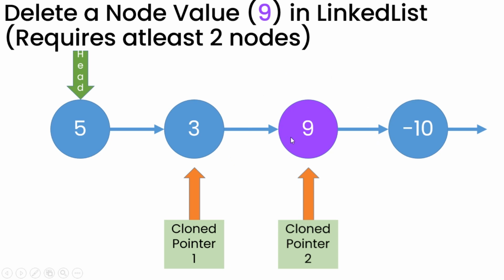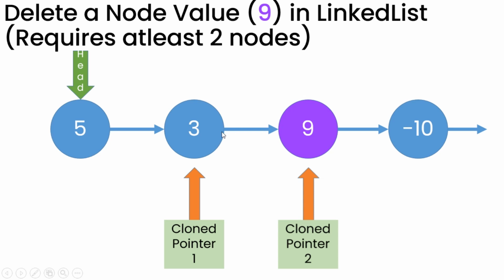We can point the next element of pointer 1, instead of pointing to this 9, which we don't want, to the next element of pointer 2.